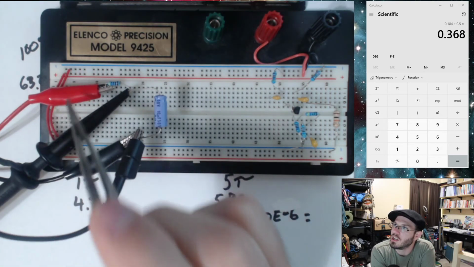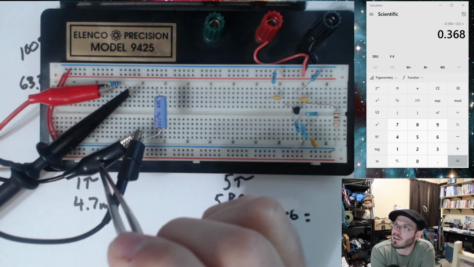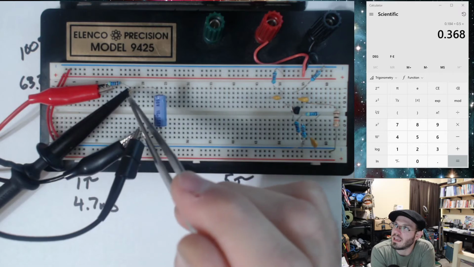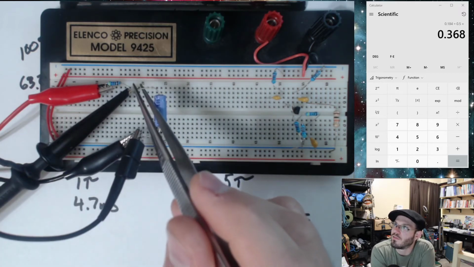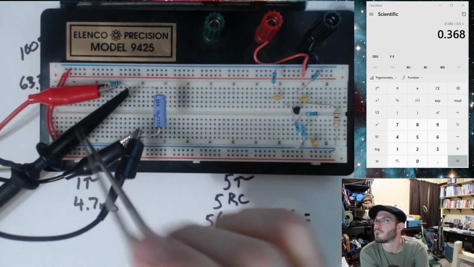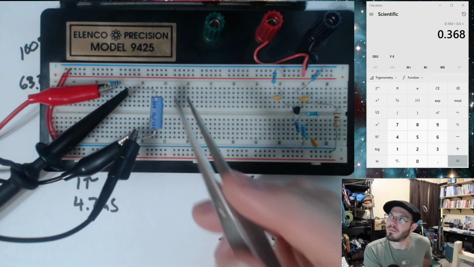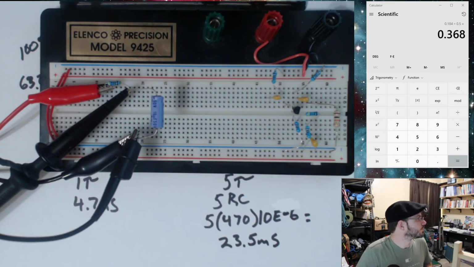And so my function generator is the red alligator clip and the black alligator clip. And then my oscilloscope is probing here the voltage across the cap. Okay, don't worry about any of this other stuff. It doesn't matter. What matters here is our resistor in series with this cap.